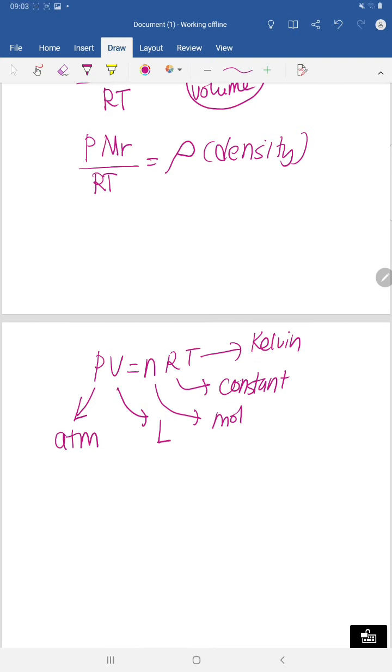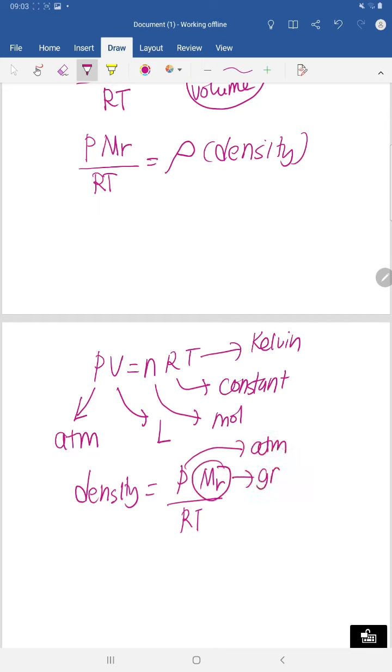If you want to calculate density, density equals P Mr over RT. So pressure again in atm, Mr in gram per mole, R is your gas constant, and temperature is in Kelvin.